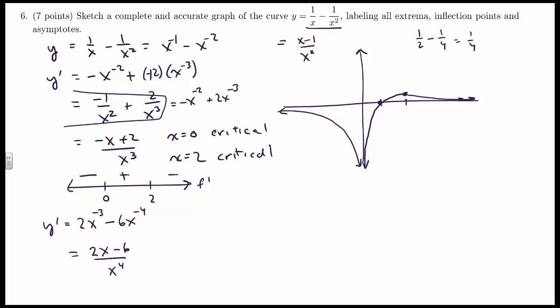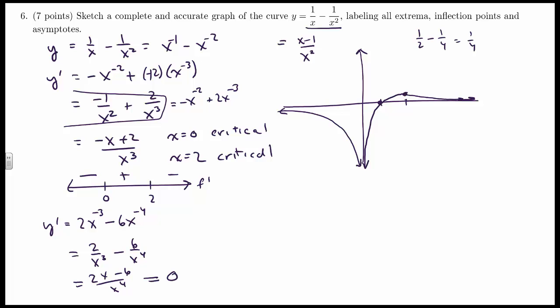I'm not sure I did that right. Hold on. 2x to the negative 3 minus 6x over 4, 2x minus 6. Okay, there it goes. Alright, so indeed I did it right.